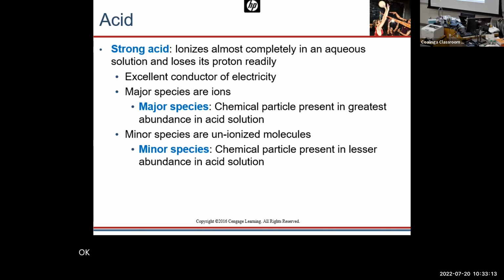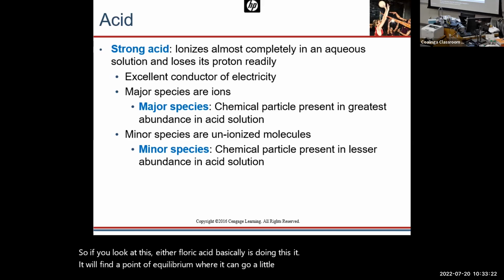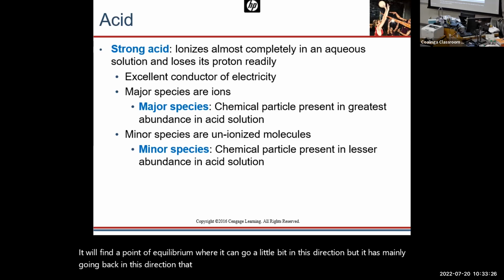If you look at this, it will find a point of equilibrium where it can go a little bit in this direction, but it's mainly going back in this direction. That basically means that we have more of this present. We have more of it together than apart.